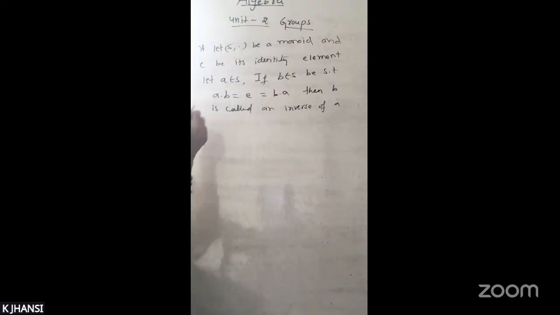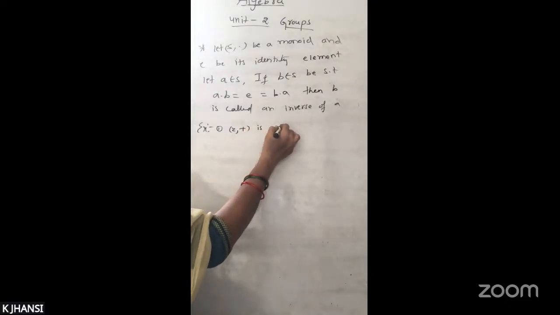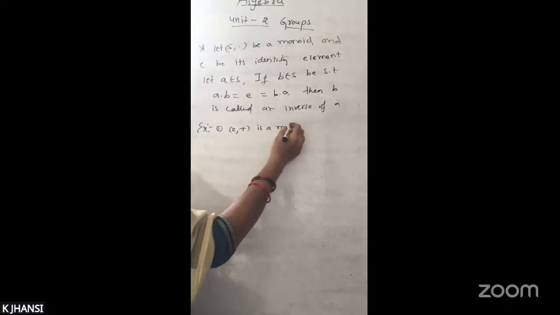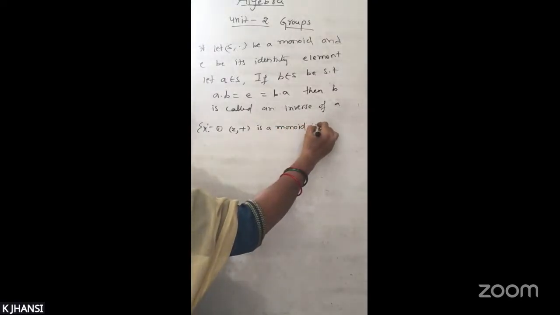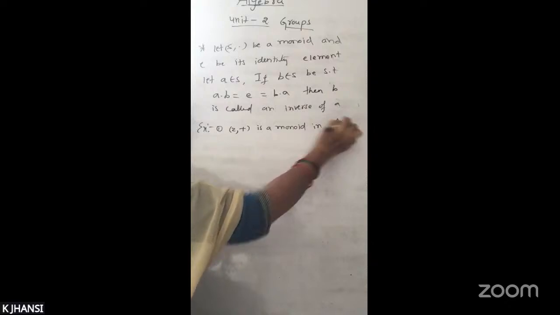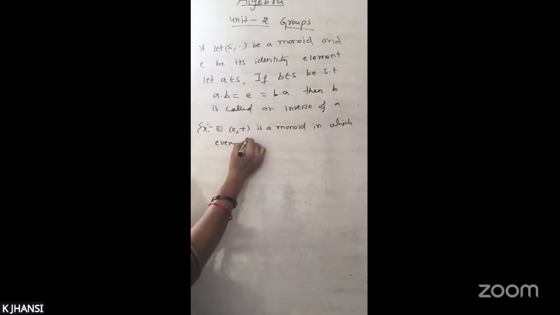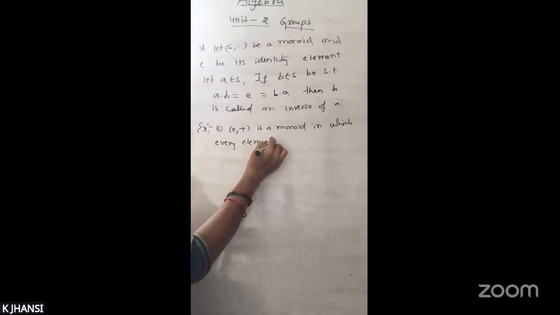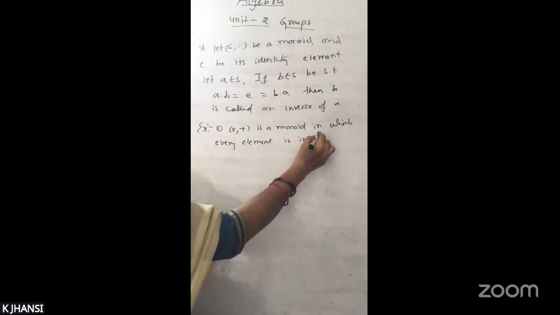The best example which satisfies the inverse property is (Z, +). (Z, +) is a monoid in which every element is invertible, meaning it satisfies the inverse property.